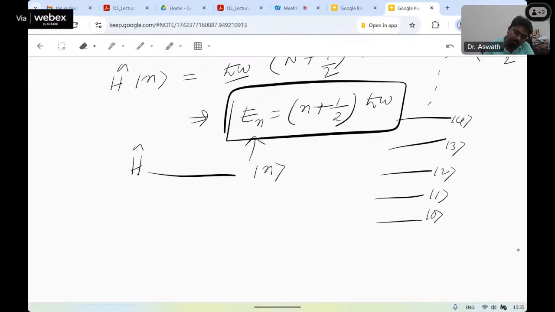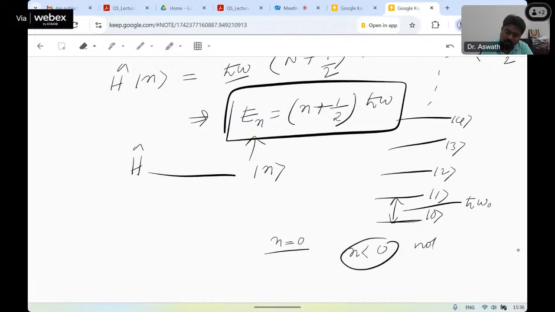What is the separation of energy? If I cross-check, it is going to be ħω, a fixed energy separation. Now, the energy eigenstates cannot go negative. So n at the least can be 0, but negative values are not possible.